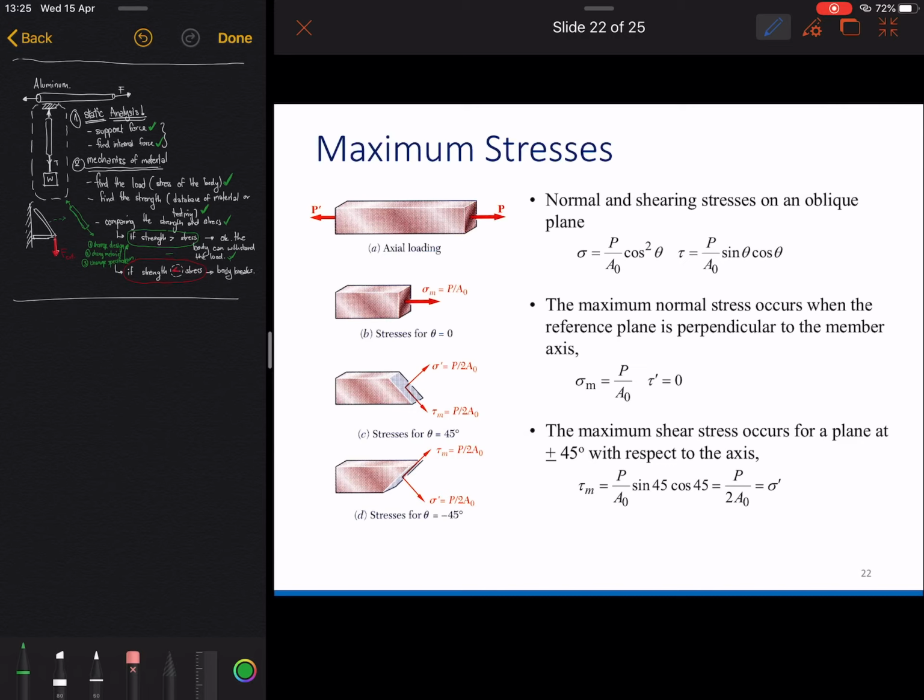Okay, so here is the max normal stress plane, and here is the max shear stress plane.